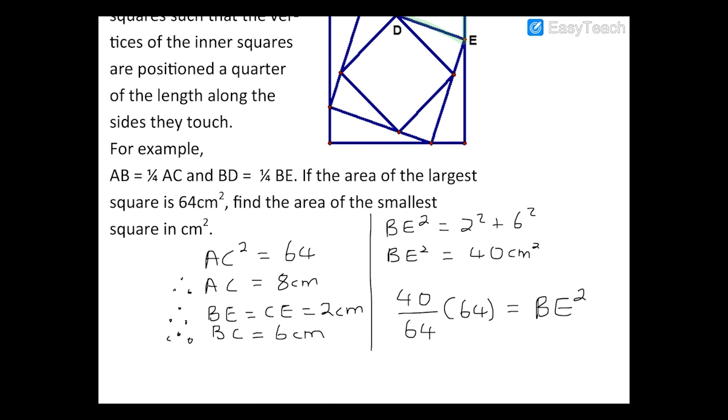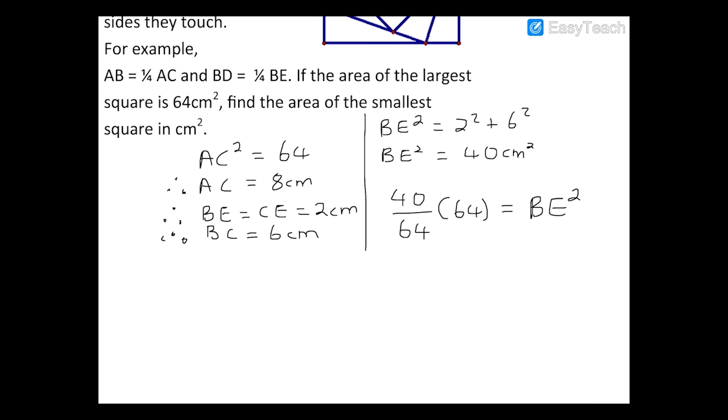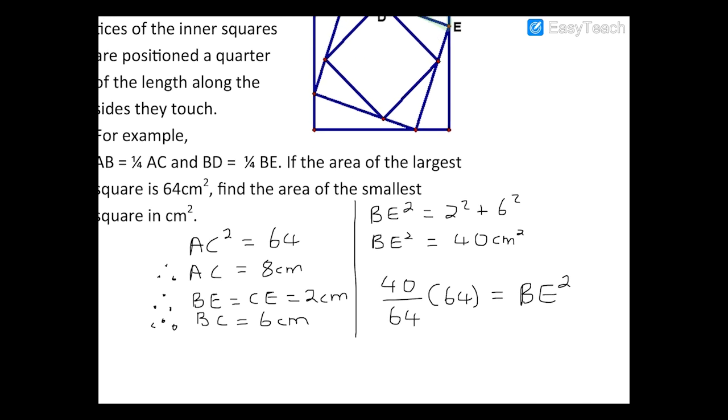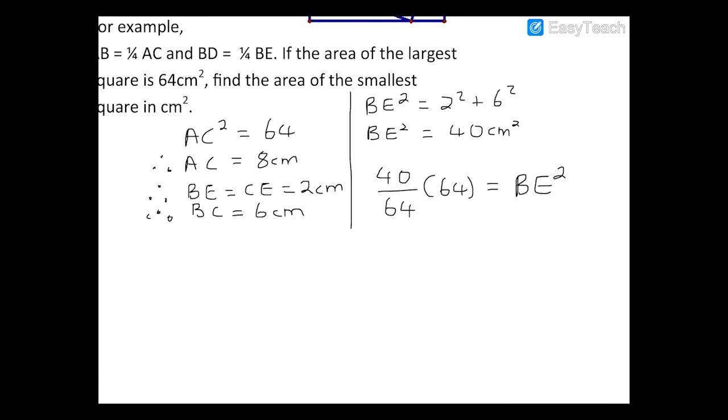Okay, so that means the area of the third square, let me write it here, will then be equal to 40 divided by 64 multiplied by the area of the second square, which is 40.